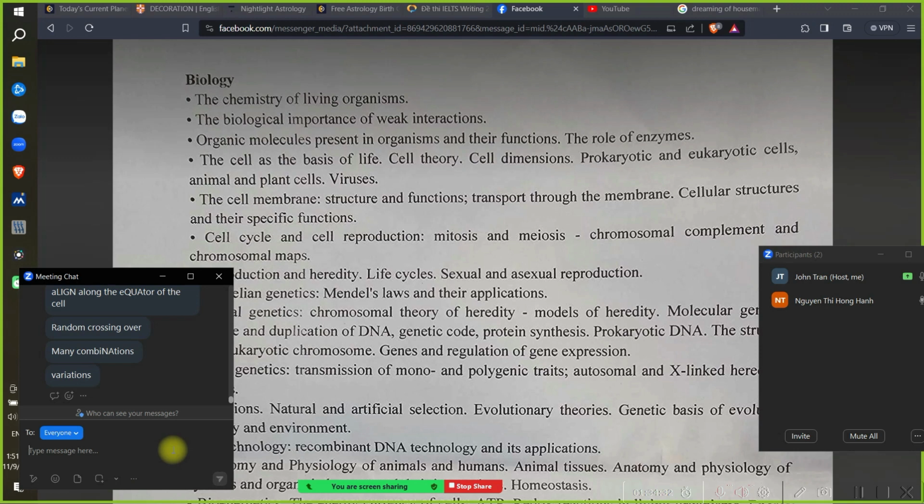I forgot that word. Gametes. After meiosis 2 you have 4 gametes, 4 different gametes. Yeah.